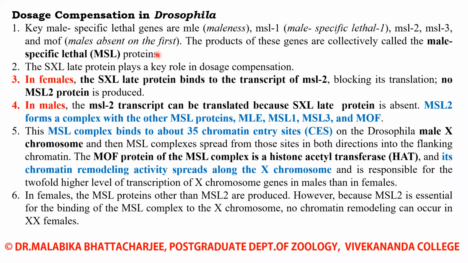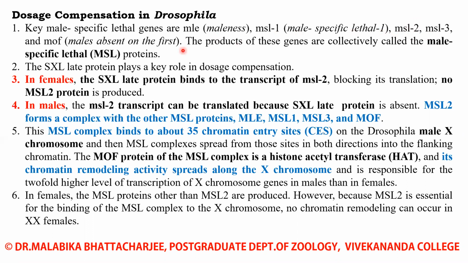Now coming from that concept, in females we have the SXL late protein, which is able to bind to this MSL2 protein. So this MSL2 gene, which is present specifically in males, this male specific lethal gene, is also present in females, sorry, I shouldn't say it this way.